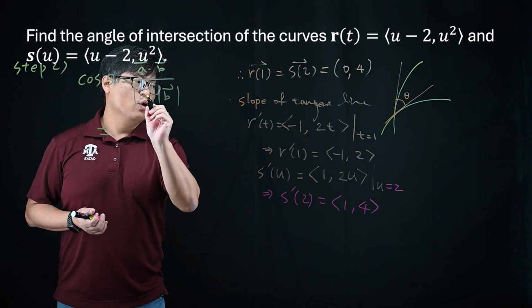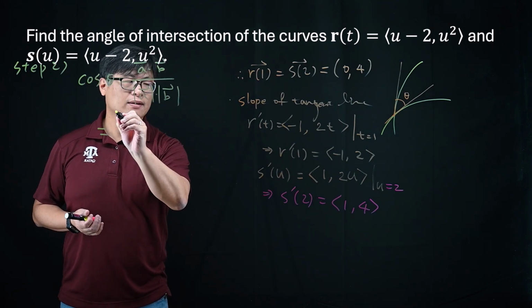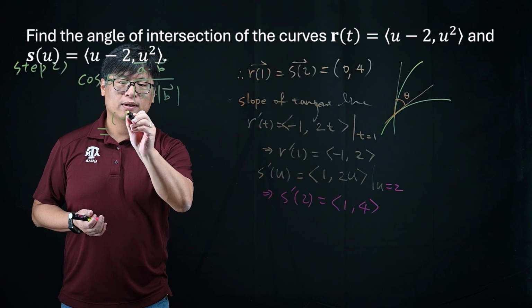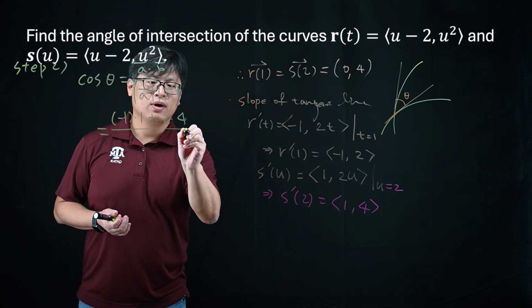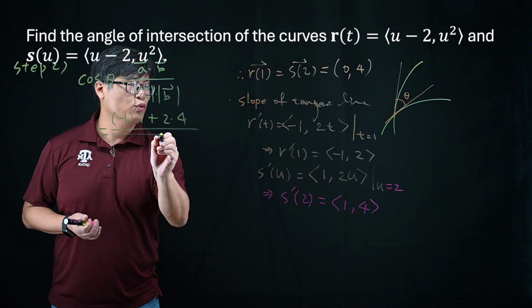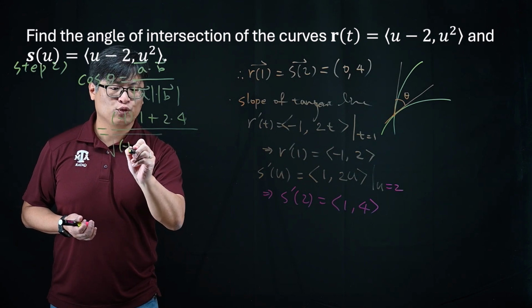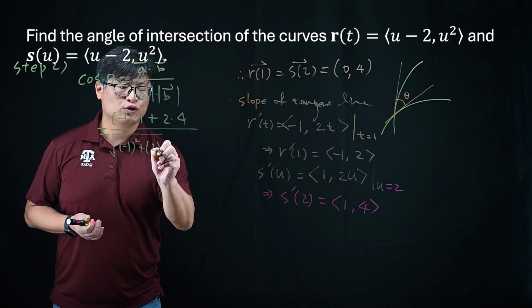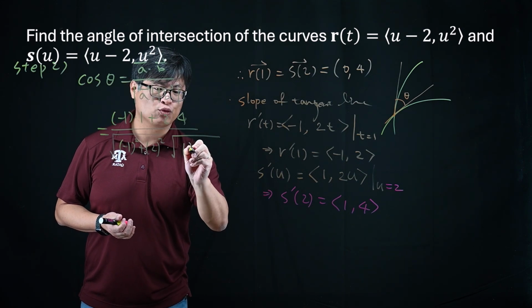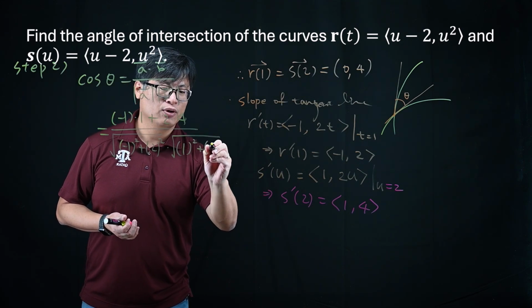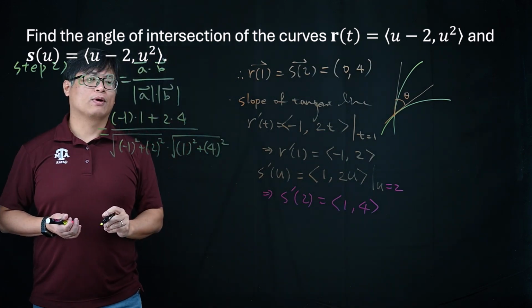Then A dot B is negative 1 times 1 plus 2 times 4, over the length of A, which is the square root of negative 1 squared plus 2 squared, times the length of B, the square root of 1 squared plus 4 squared, okay?